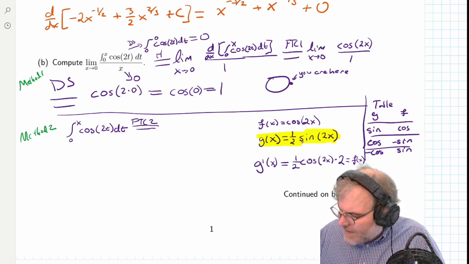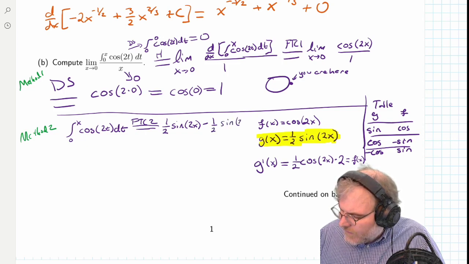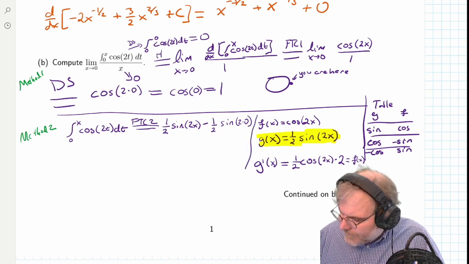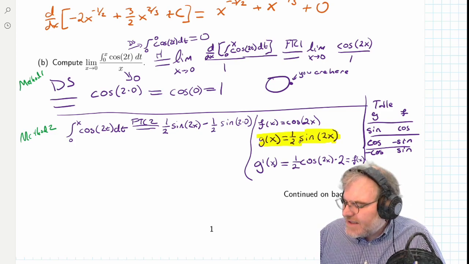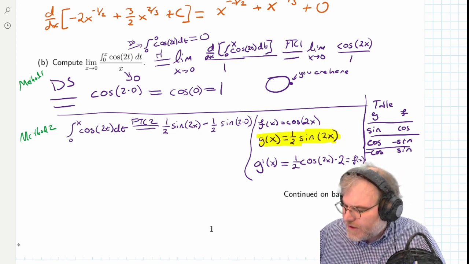I've got my antiderivative here, so I'm going to do 1/2 sine of 2x minus 1/2 sine of 2 times 0. Well, that's just going to be 0. And notice here how I highlighted that. I did that to make sure I was using the right equation.